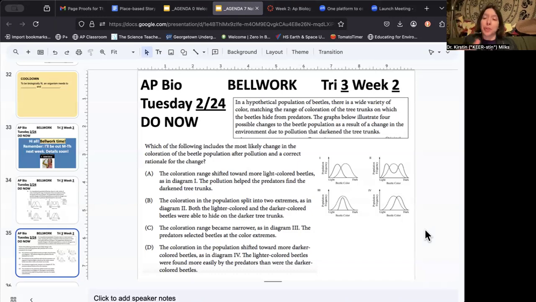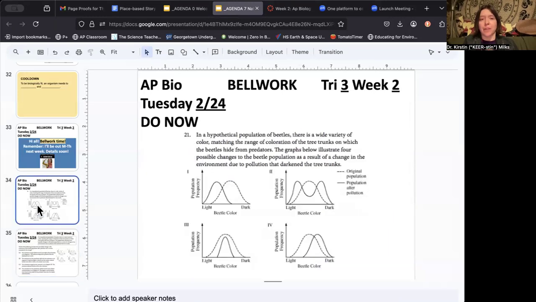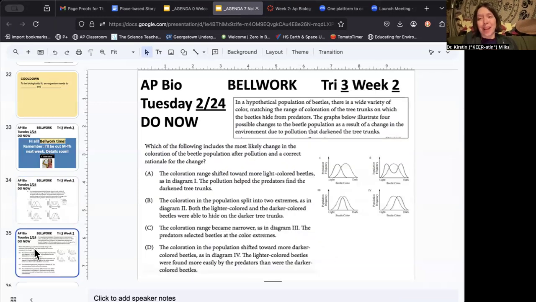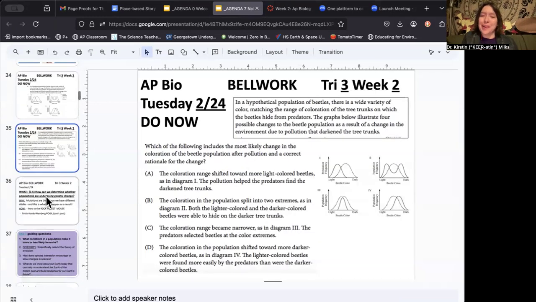Now, for this one, you should read through the text just to hear that rationale in your head. But honestly, if you could have just answered it based on what happens after pollution, what's the rationale for that, you should go ahead and do it. So if you're playing along at home, which answer, A, B, C, or D, is correct, and then a sentence or two about why you know.